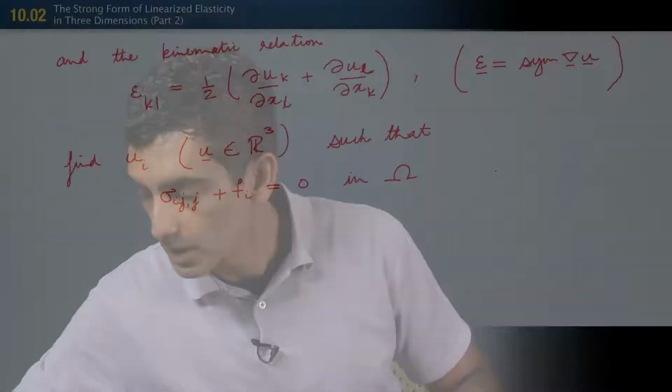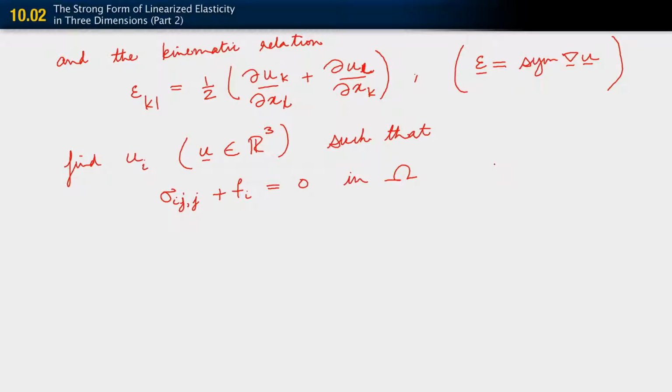If you already know it, that simply means that the divergence of the stress plus f equals 0. This is sometimes called the quasi-static stress equilibrium relation. All right, so that's the PDE.